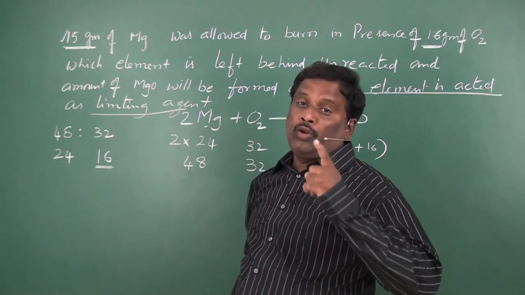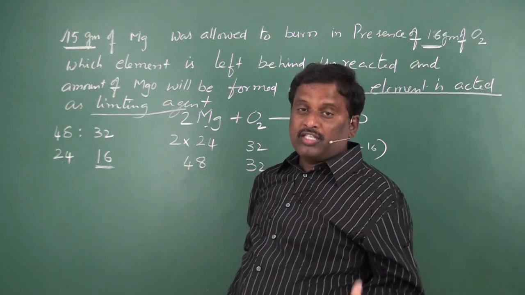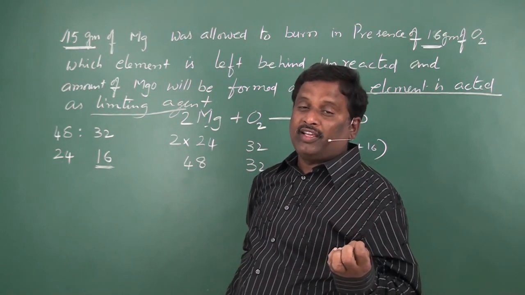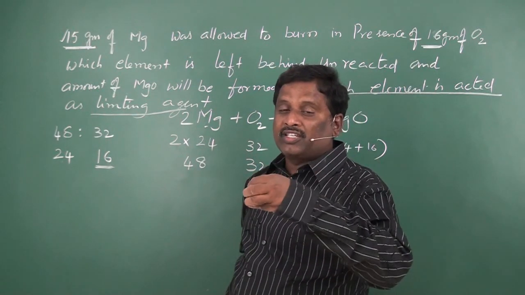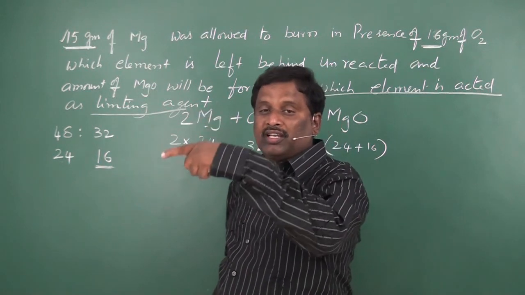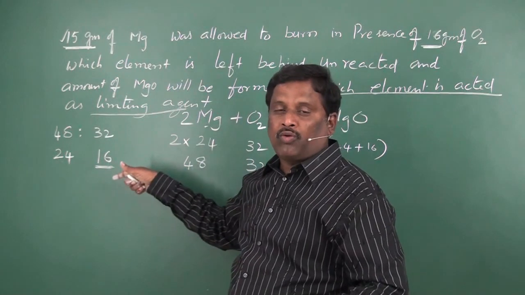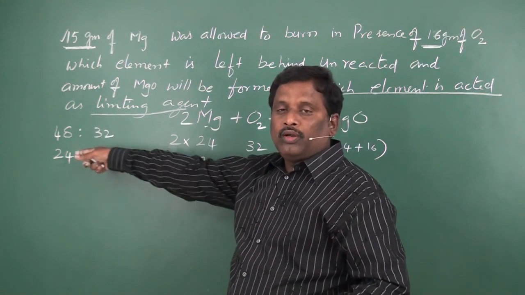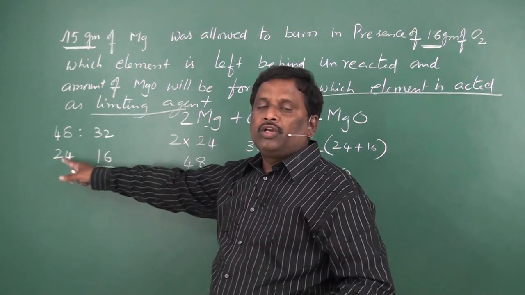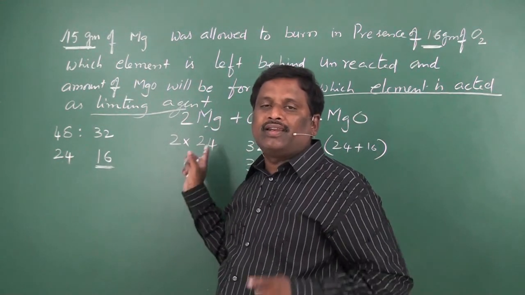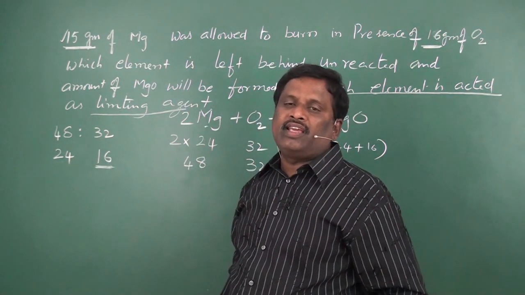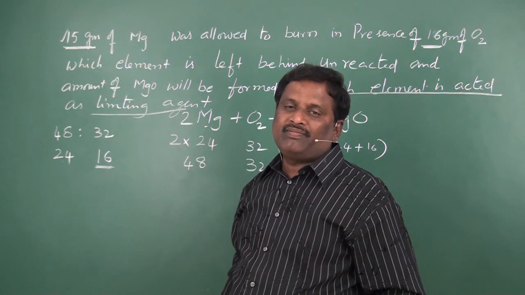In the previous problem, oxygen is in a lesser quantity, so oxygen limits the reaction. So there oxygen is a limiting agent. Here oxygen is more than the required quantity, so magnesium is in lesser quantity. So in this particular reaction, magnesium is acting as a limiting agent.